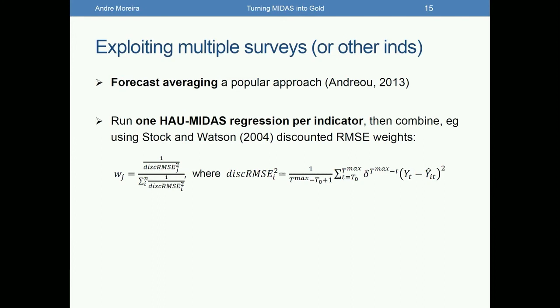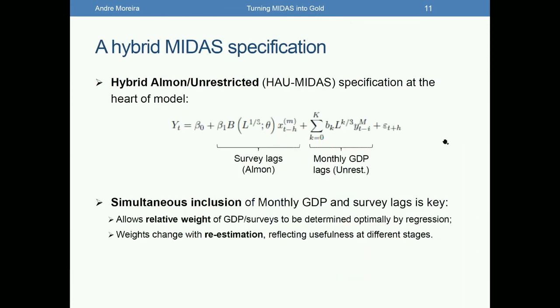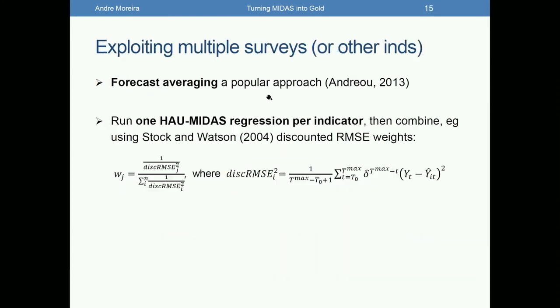So we essentially estimate this same regression here in this example 3 times, always with the monthly GDP lags here and with the lags of each survey in each of the regressions. And then we just take an average, and again, many possibilities, but we found that a good performing one is based on discounted inverse RMSE. So it essentially penalizes recent errors more, and that works well in practice.